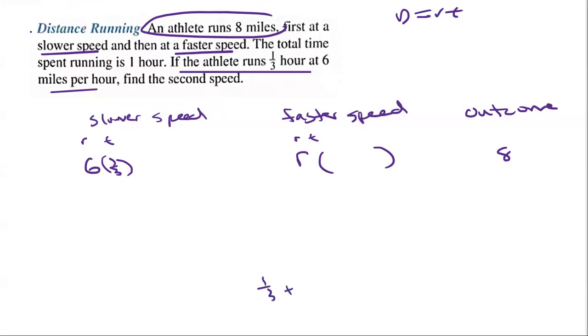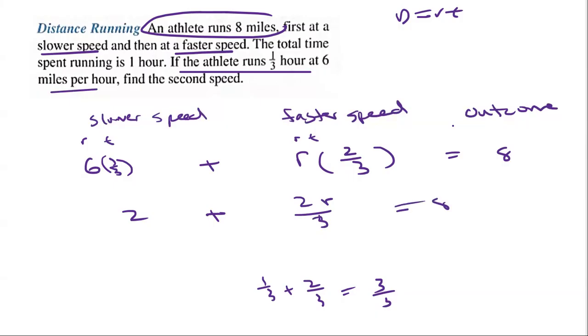Because 1/3 plus 2/3 will give us a whole 3/3. So we have 1/3 here. The faster one has to be 2/3. Okay. All right. And then so we just add these guys there and then equal them to 8. So 6 times 1/3 is going to give us 2. And then we have 2r/3. And multiply this equals 8.